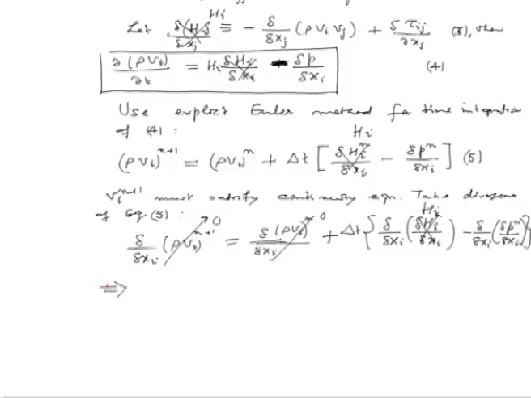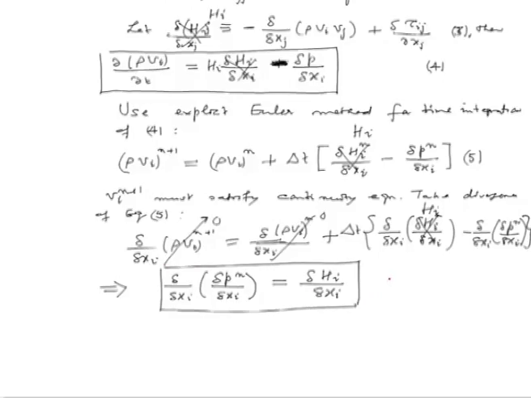So, thereafter what we are left with is δ/δx_i of δP^n over δx_i is equal to δ/δx_i of δH_i over δx_i. So, this is what is our pressure Poisson equation.